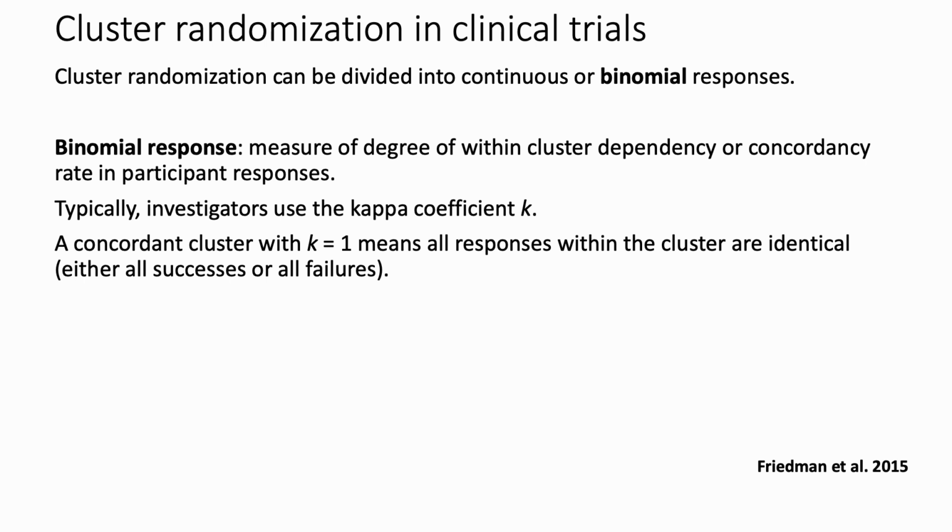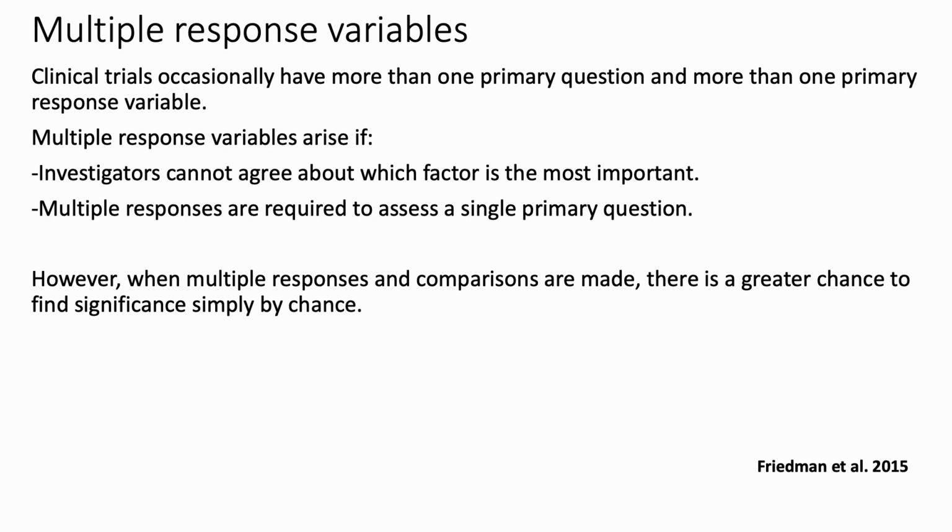Now we can also have multiple response variables. Clinical trials occasionally have more than one primary question and more than one primary response variable. Multiple responses can arise if investigators cannot agree about which factor is the most important, because these are multifactorial responses.